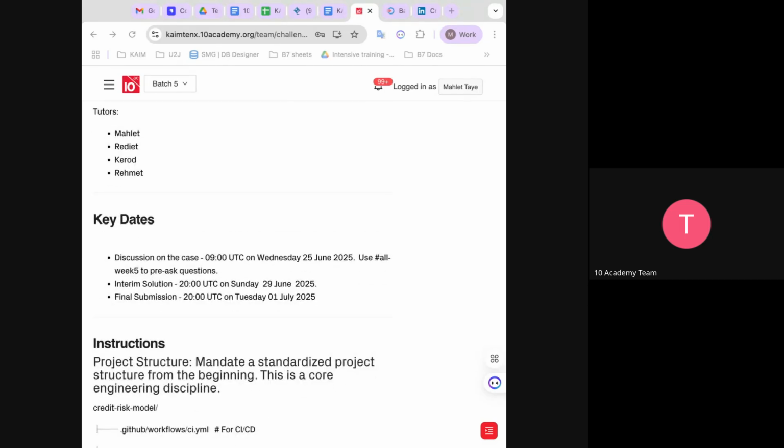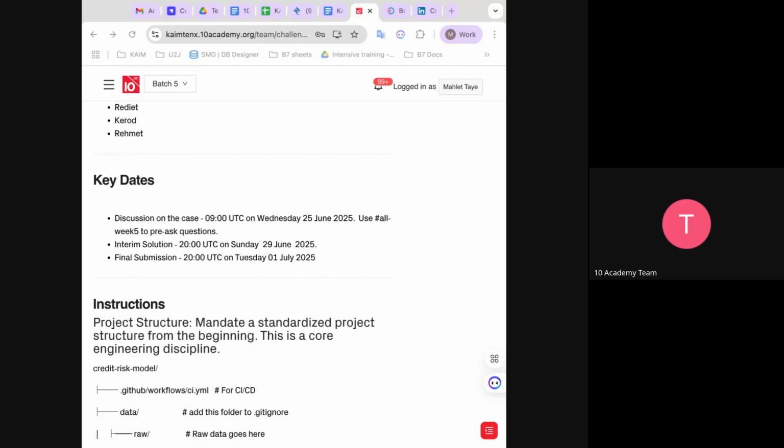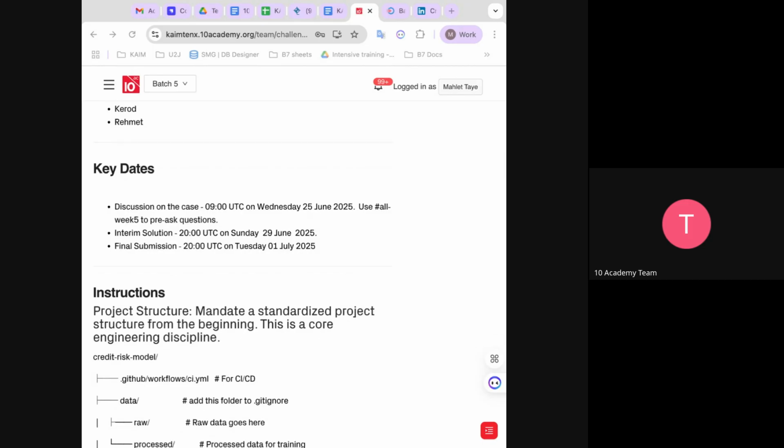Just to standardize what is expected from you, these are a couple of instructions that we have for this challenge. The main thing is we have noticed that most of you don't follow the proper way of organizing things.